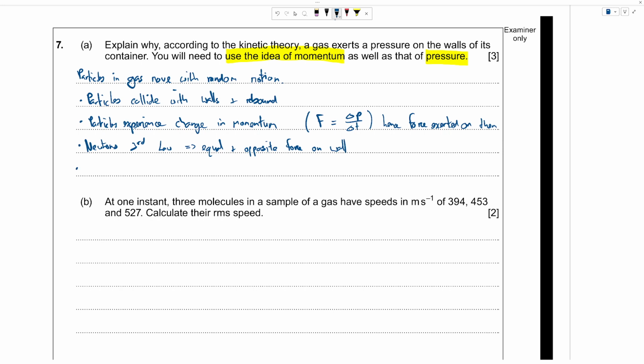And then, because it does say as well as that of pressure, we need to link that force to pressure. If you think about the wall of a container, it will experience many particle collisions over its area. And pressure is equal to force over area.